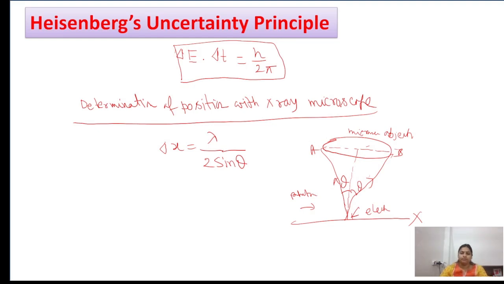Then the component of momentum along OA will be h by lambda sine theta, and along OB it will be h by lambda sine theta.